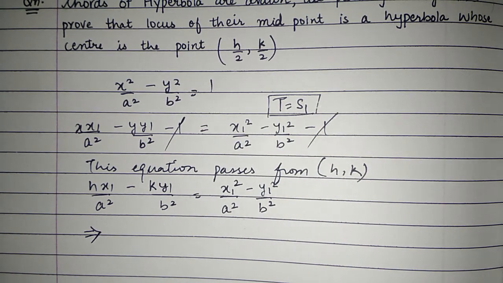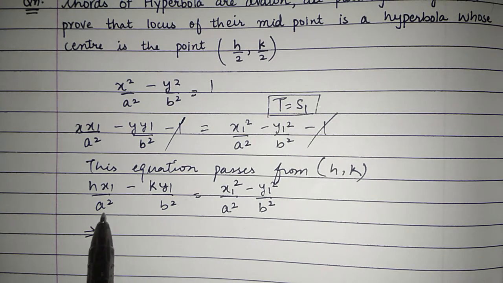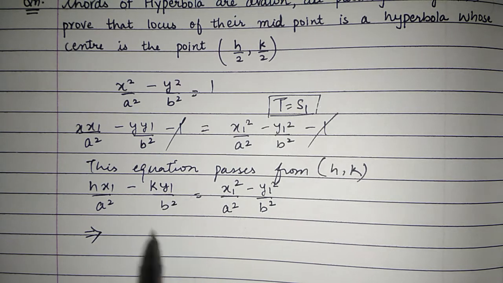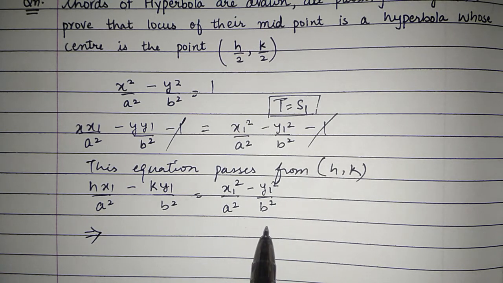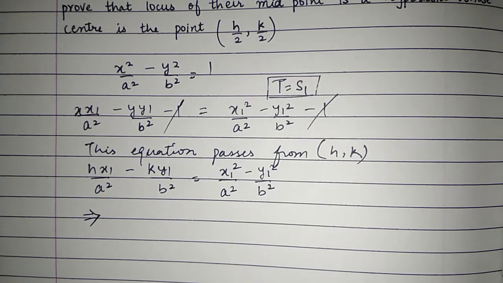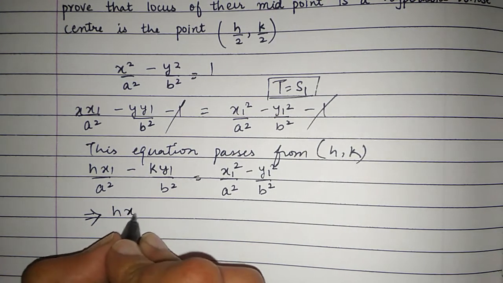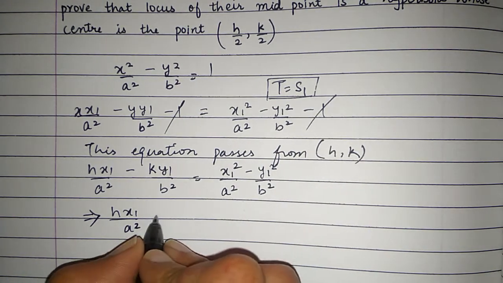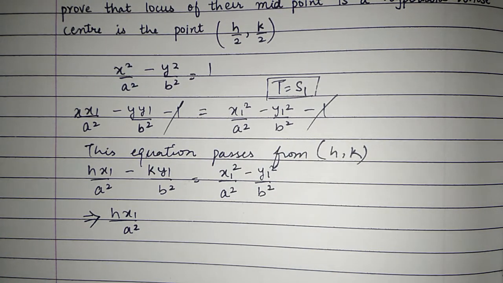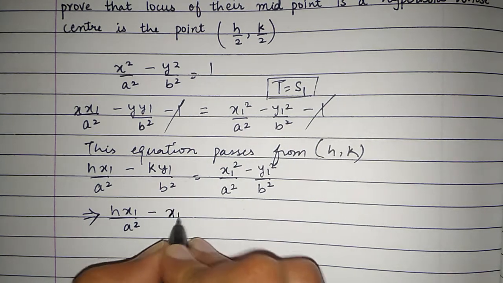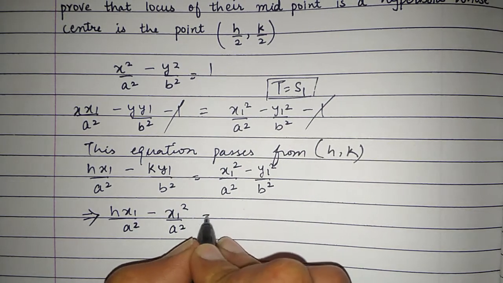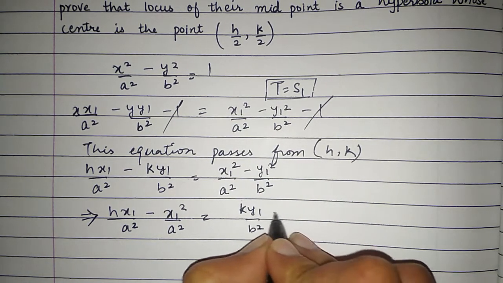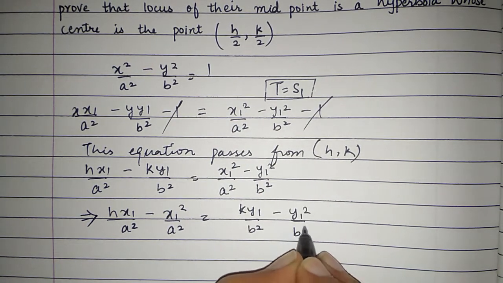Now what we have to do is the term which includes x1, we will take to one side, and the terms which include y1, we will take to the right hand side. So x1 square over a square minus h x1 over a square equals k y1 over b square minus y1 square over b square.